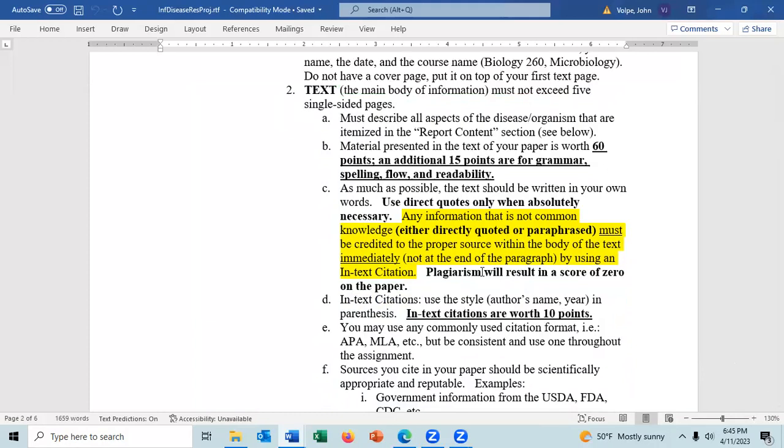If you have that many direct quotes, you're not plagiarizing because you quoted it, but I'm not going to allow this. You're going to get a penalty, because it should be written in your own words. I don't want you copying and pasting from other places, putting it in quotes, and saying where you got it from. Any question about that?